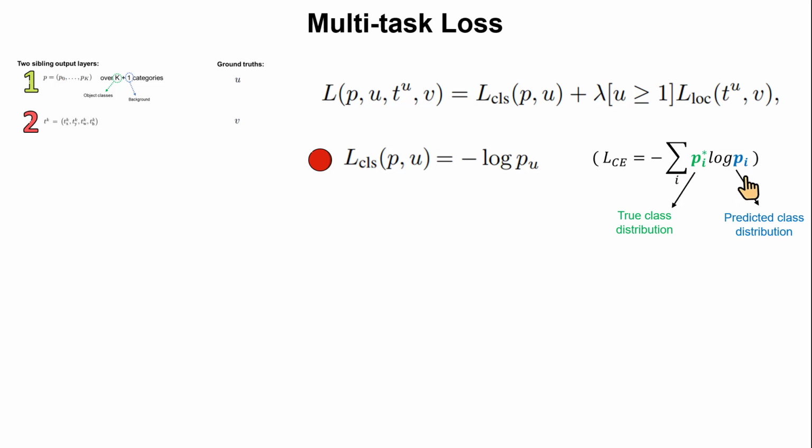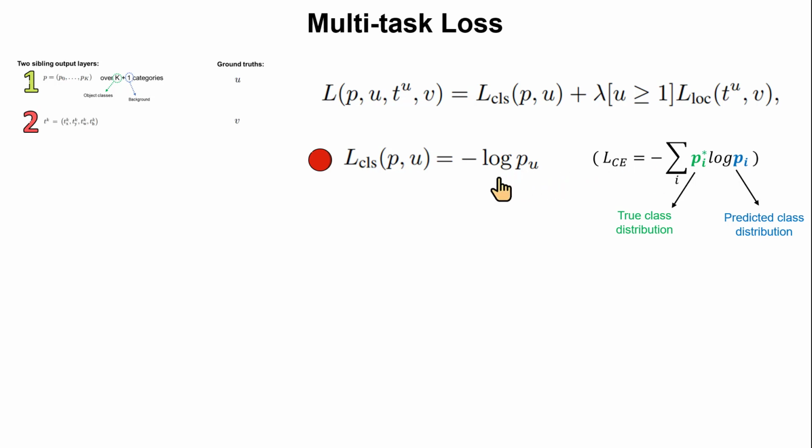Obviously, since in ground truth most entries are 0, the green term p star i would be 0 and has neutral effect on our final solution. But when we reach the index u that has the value of 1, then this green term would be 1, and we just calculate the log of p_u and multiply by this negative value here, and we reach this formula.